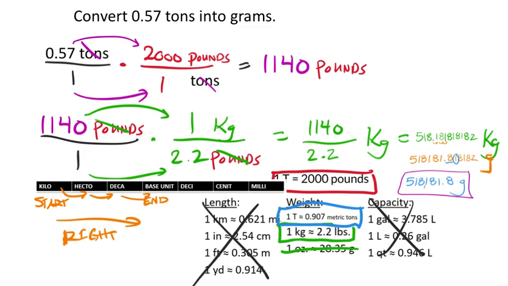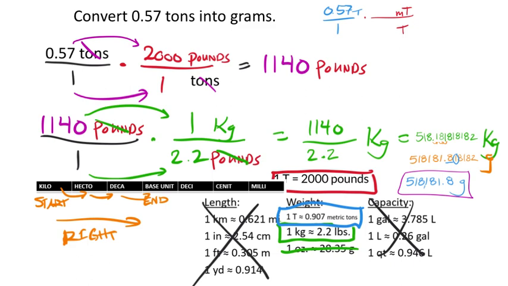So if we're going to convert this directly into kilograms, now we know approximately how many kilograms it was, because all of these are really just estimates. What this means is that we were looking at 0.57 tons. Okay, so this would have been 0.57 tons, that's T. We would have made it over 1. We're going to multiply that by the conversion factor. It's going to take away tons, and we're going to go to metric tons. I abbreviated that, but I don't know if that's the actual abbreviation for it.